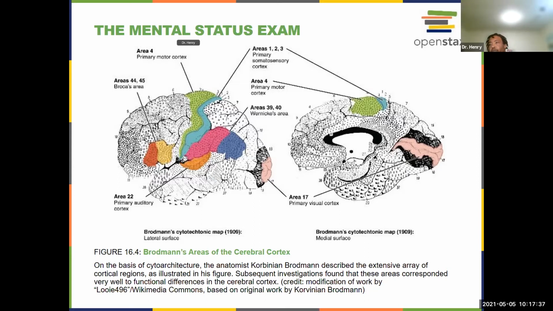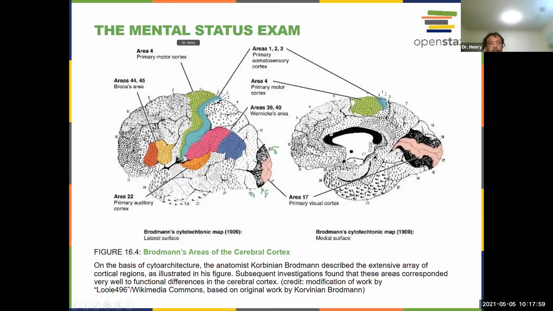Now, the areas around it, like area 18 here, I know you can't see it, but this is actually area 18. Area 18 and area 19 are going to be involved in processing.